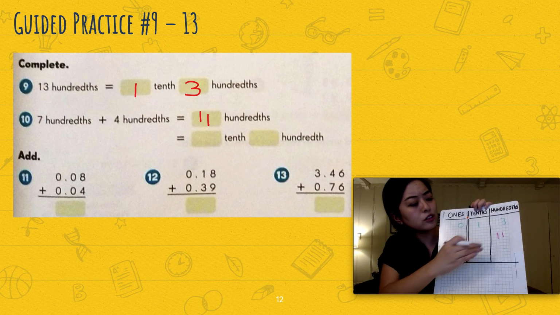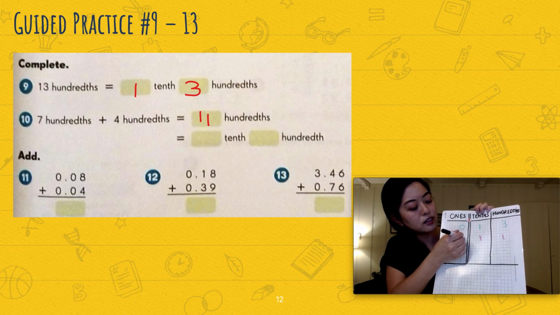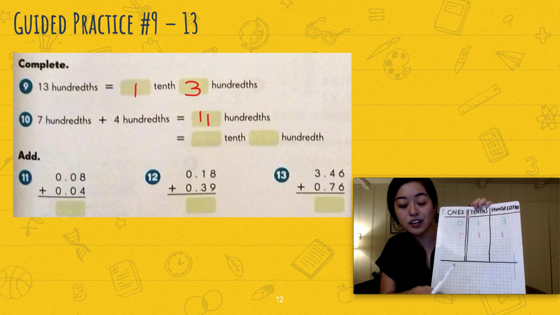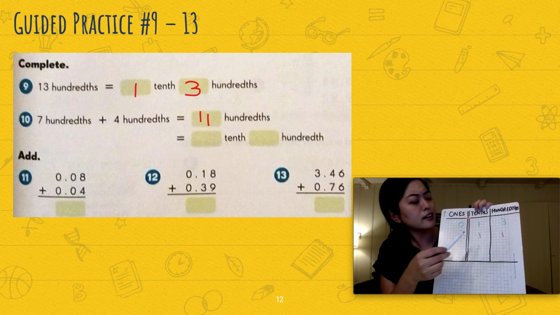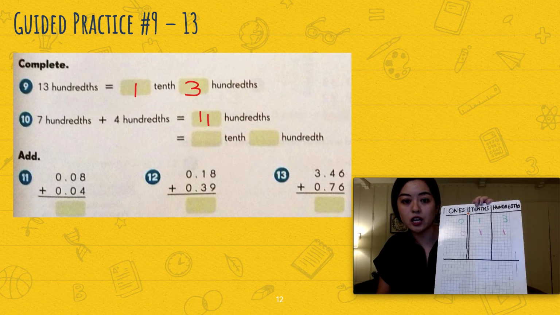No, because I could only write one digit in there. So I'm going to keep the last digit and transfer the 1 here. So now I have 11 hundredths. Okay, and how many tenths are there? There's 1 tenth. And how many hundredths are there? There's 1 hundredth. Ta-da! Like so.